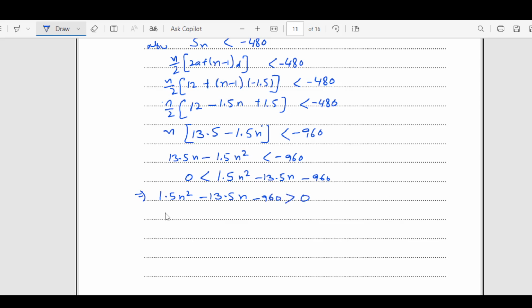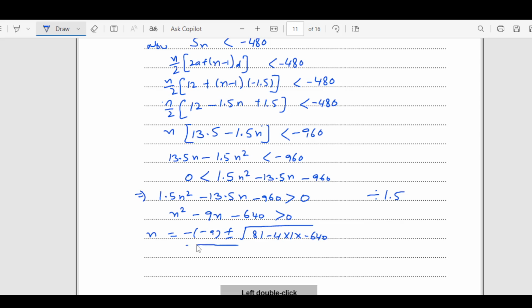Now divide the whole equation by 1.5 to make it simpler. So this becomes n squared minus 9n minus 640 is greater than 0. We can use the quadratic formula: 9 plus or minus the square root of 9 squared, which is 81, minus 4 times 1 times negative 640, over 2 times 1.